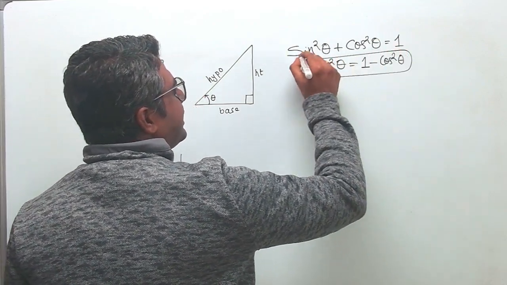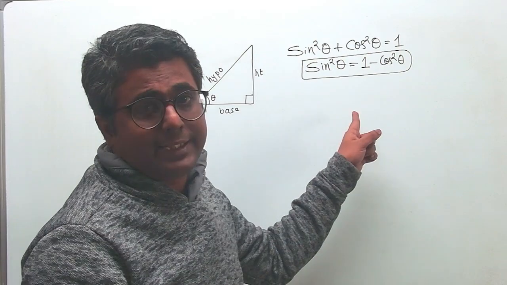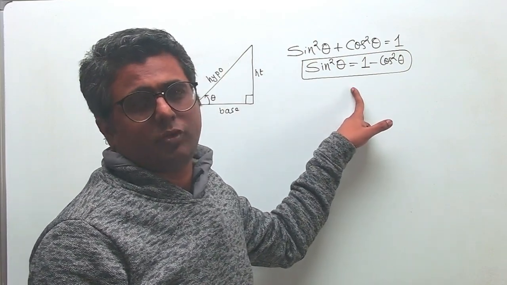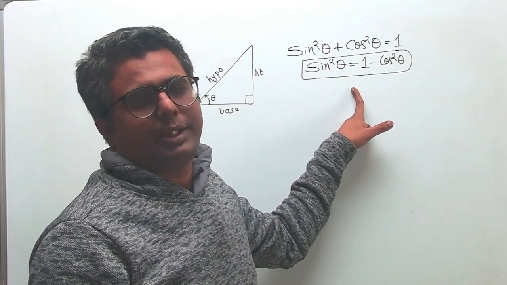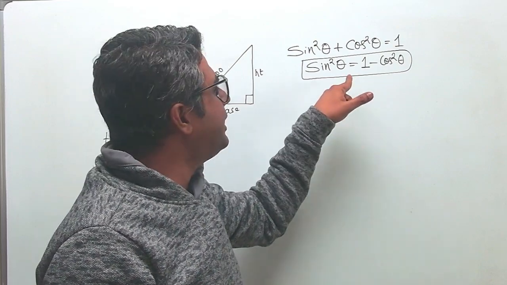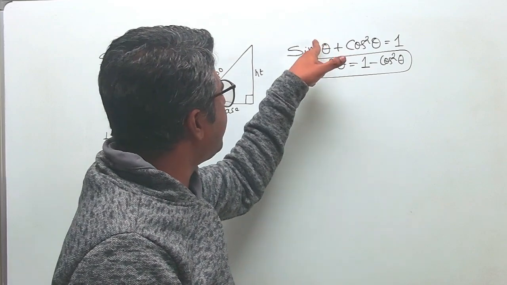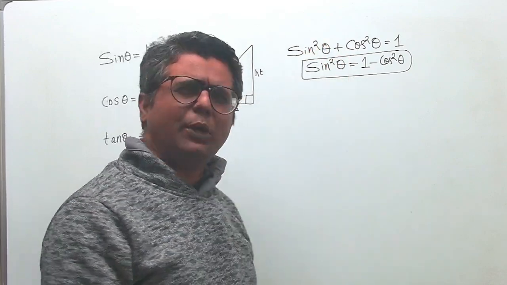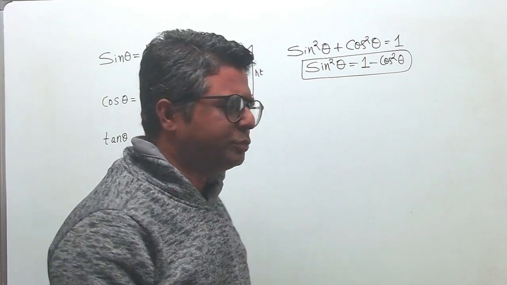Many a time you have seen that this formula is used. I know this formula, but I was not able to apply it. How is it so? Let me show you.